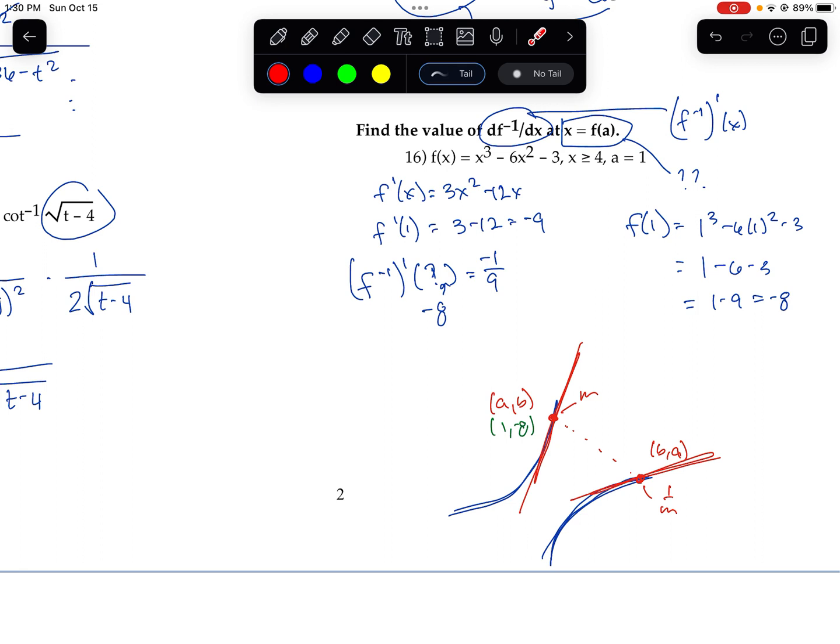I think it's good that you know that you're finding the derivative not at this point right here. You use the derivative at this point for your function to help you find the derivative of the inverse, but at the y value of this function, which is the x value to the inverse function.